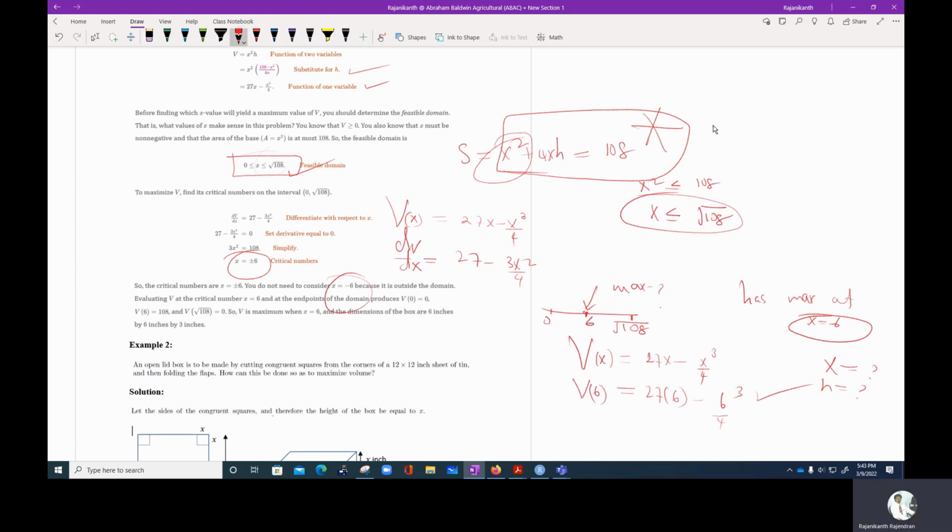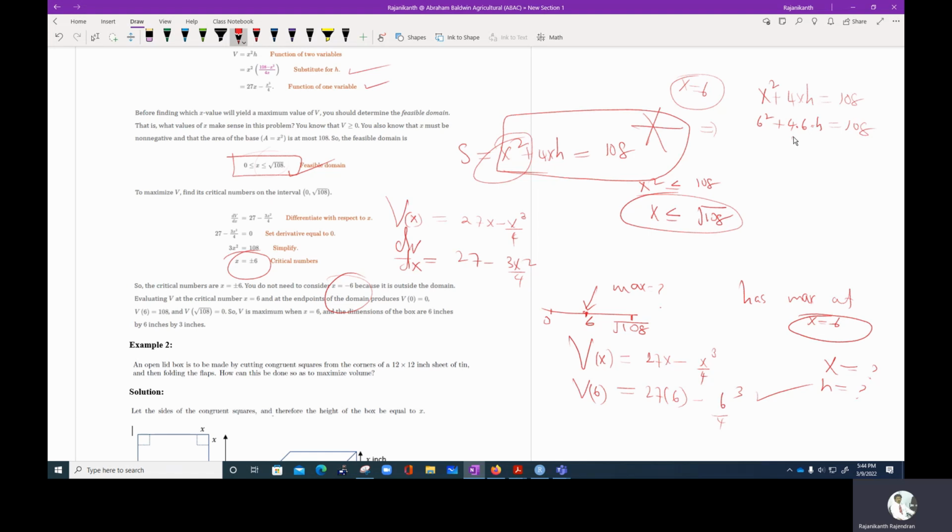So I'm using this function to find the possible h value. I know x squared plus 4xh is supposed to be 108. I know now x is 6 will give you the maximum. So I'm plugging 6 in for x. You will get 6 squared plus 4 times 6 times h, supposed to be 108, right? Now we can just solve this equation for h to find the height.